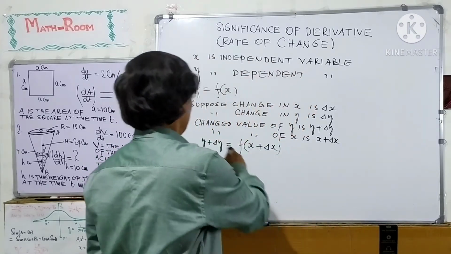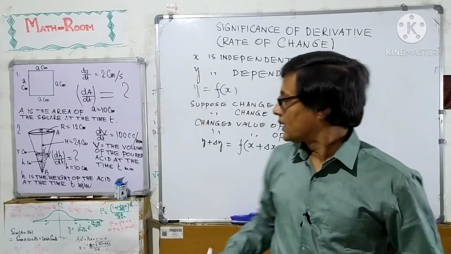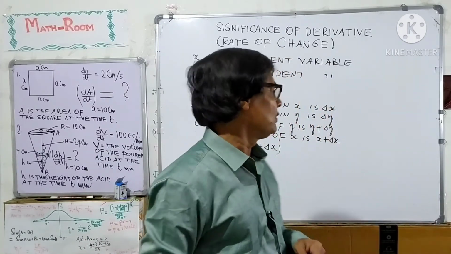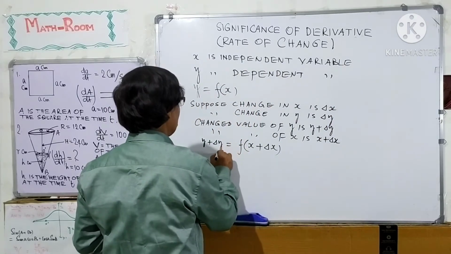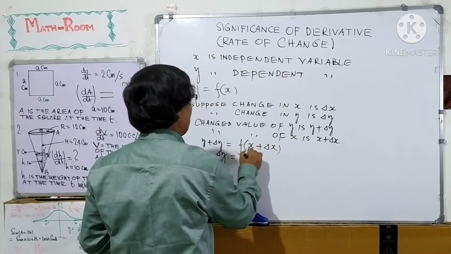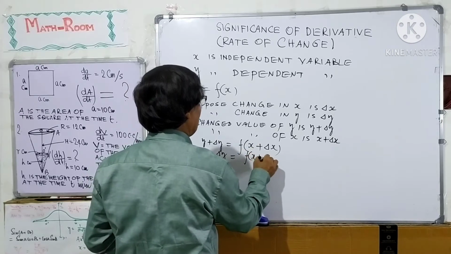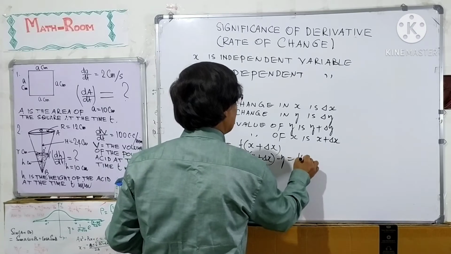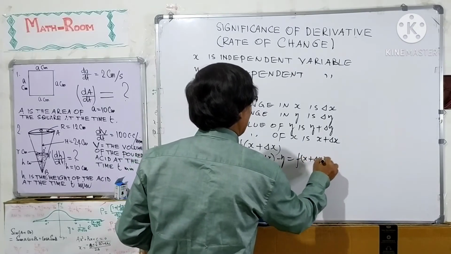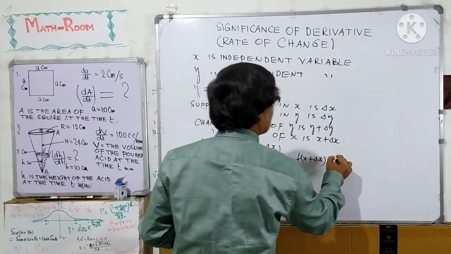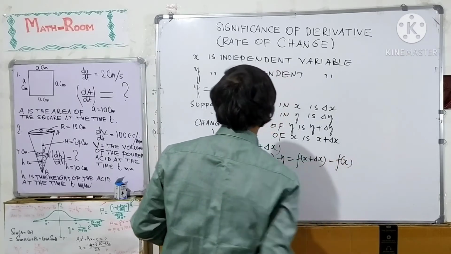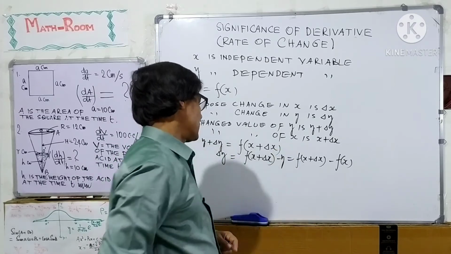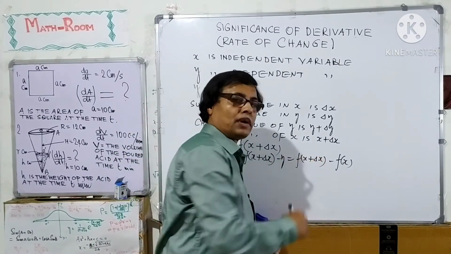Now also del y equals f of x plus del x minus y, and since y equals f(x), del y is expressed as f of x plus del x minus f of x.